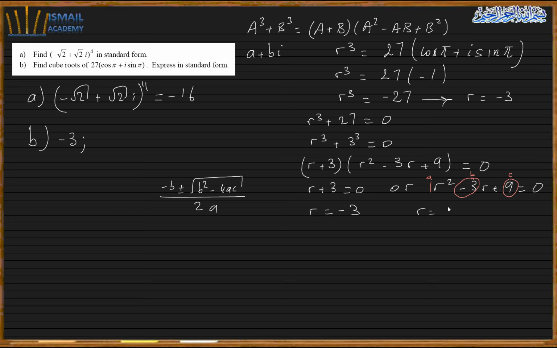r is 3 plus or minus square root of 9 minus 4 times 9, which is 36, over 2a, which is 2. So which means I will have r equal 3 plus or minus square root of minus 27 over 2.